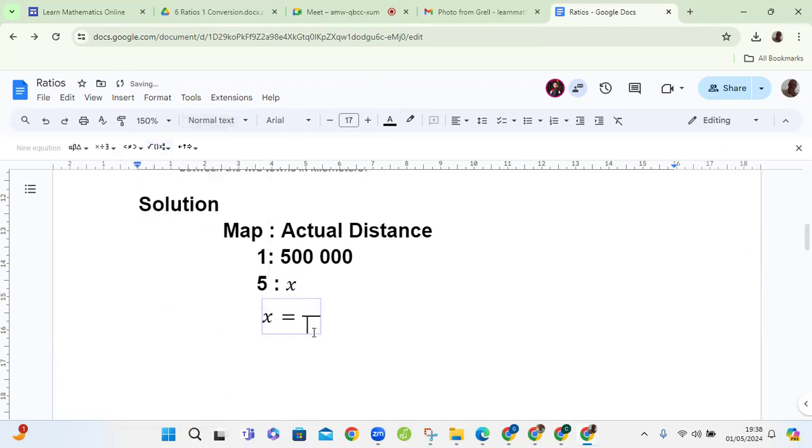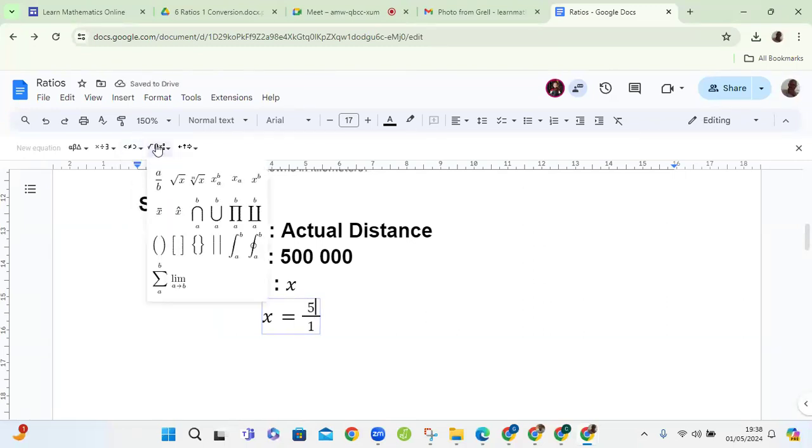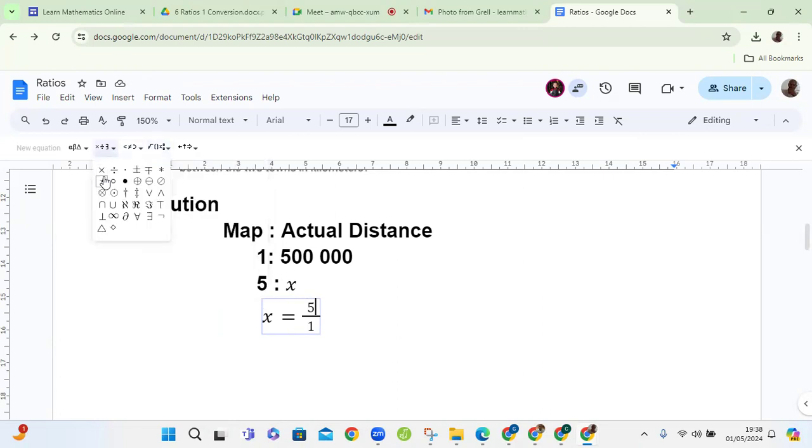1 is diagonally away from the letter, so 1 will come in the denominator, and in the numerator now, we are going to multiply 5 times 500,000. And that will give us the actual distance now in centimeters.